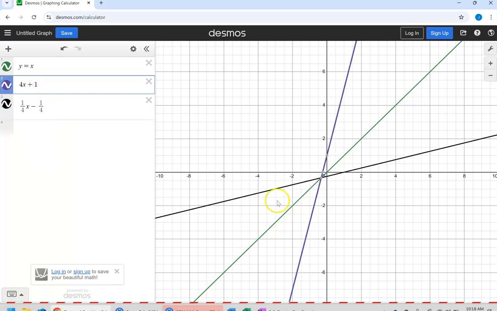Yep, there it is. I knew something was wrong. But notice here was the original line, that purplish blue line there. Here's the black line, the inverse function. The green is your y equals x. Notice that if you tilt your head sideways a little bit, diagonally, you really do see that reflection across that line.